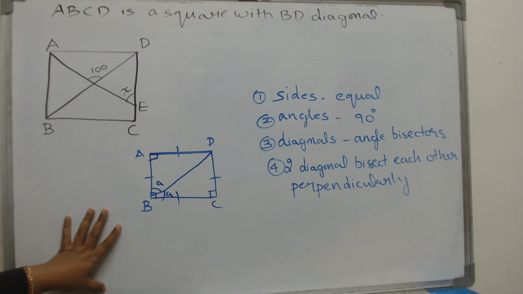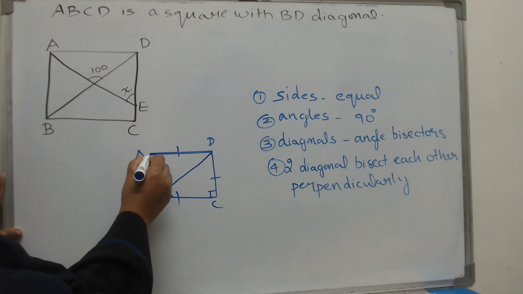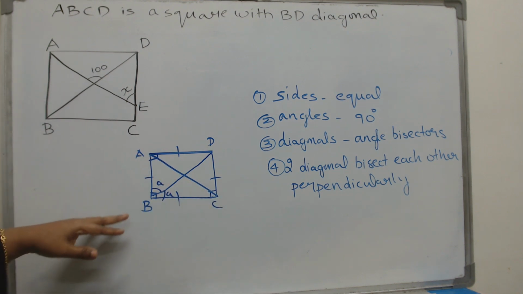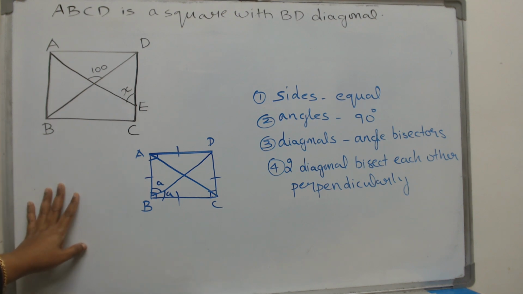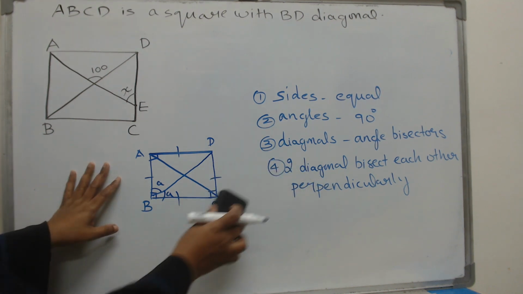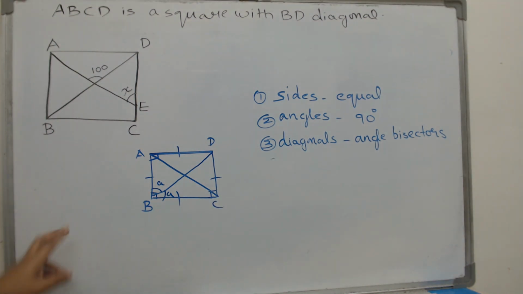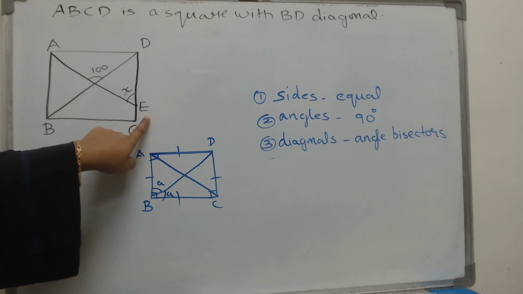And what is the last and the final one? If we have two diagonals, they will bisect each other perpendicularly, or in other words, they will divide each other into equal parts perpendicularly. But then which one do we not need here? We don't need the last one because we do not have two diagonals, because if you see this line AE, it is not a diagonal.